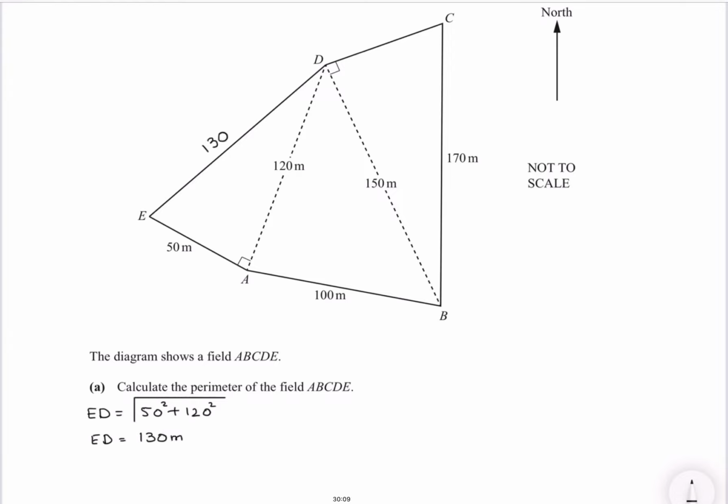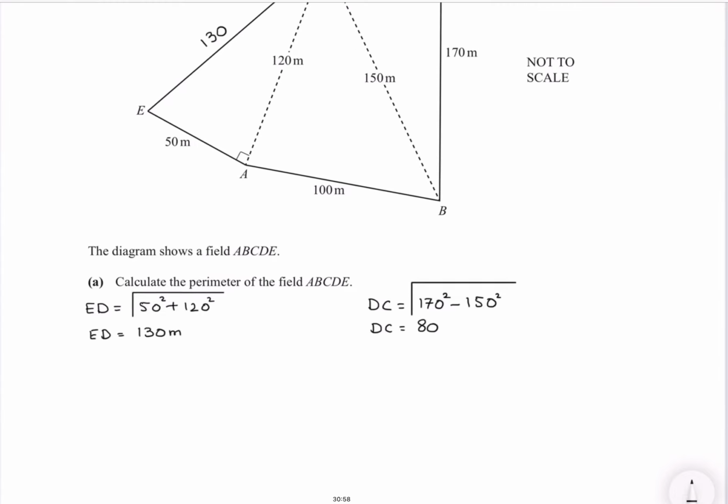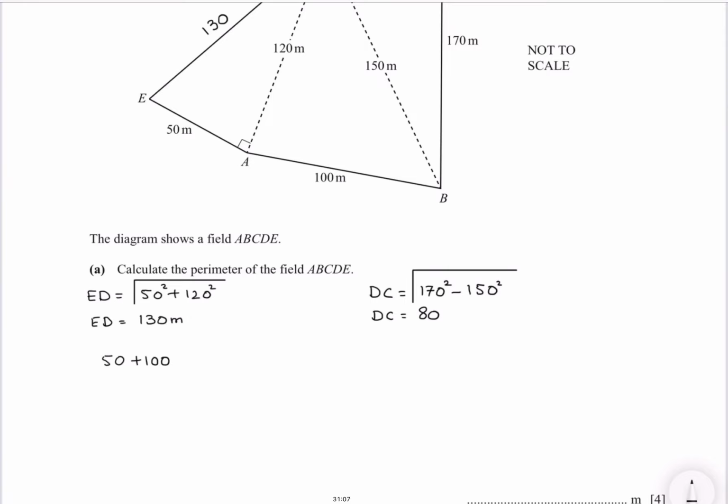ED is 130. Same, we can use the Pythagoras theorem and find out the value of DC, because BCD is also a right angle triangle. So DC is equal to 80. Now add all of them. This is your perimeter, 530 meters.